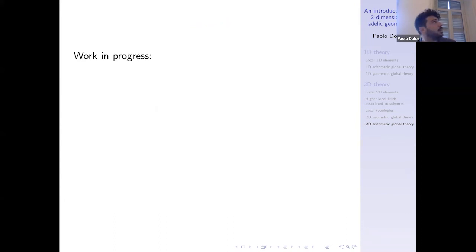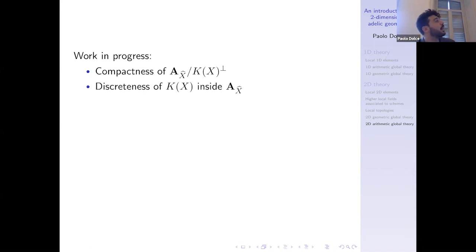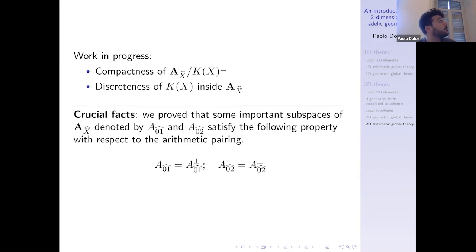So now I just want to tell you about some work in progress to finish my talk. We're working with Fesenko and Veronika Czerniawska on compactness of this quotient and the discreteness of the function field inside the ring of completed adeles.